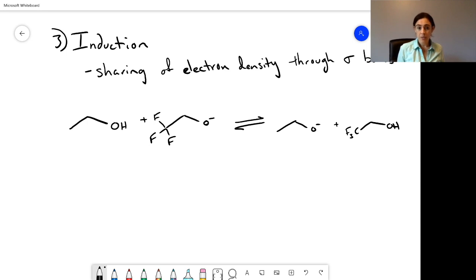Which side of this reaction is favored? Where does the equilibrium lie? And therefore, which is a stronger acid?